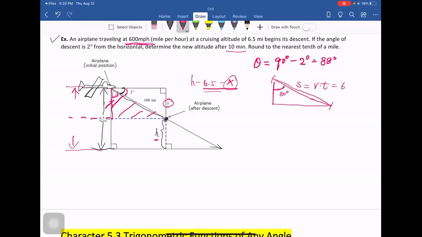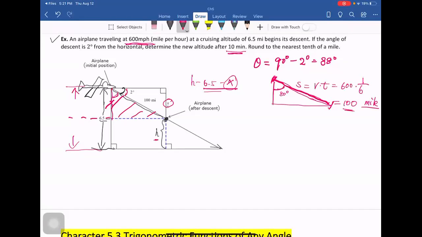The speed is 600 miles per hour, but they tell us it's 10 minutes. 10 minutes equals 1/6 hour. So we have 100 miles. The distance he traveled from here to here is 100.